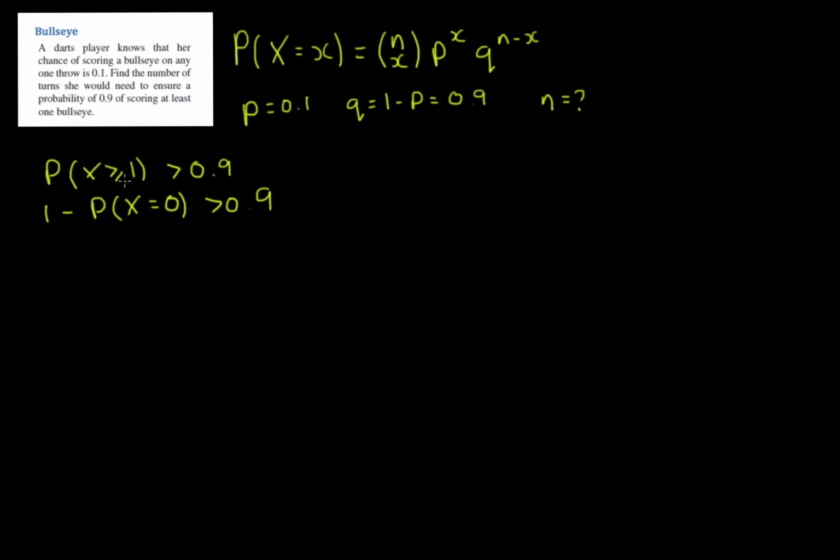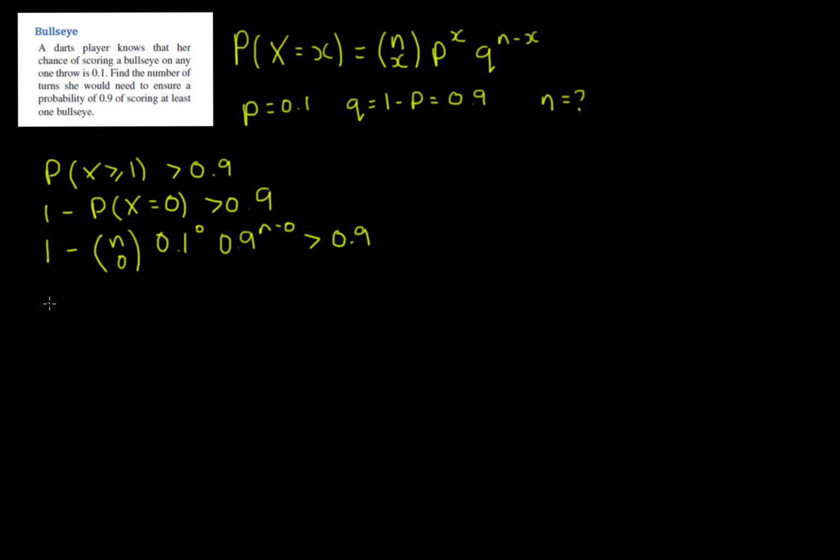So here our left-hand sides are equal. Now we can just substitute in the formula we've got above. So we've got 1 minus N choose 0 multiplied by 0.1 to the power 0 multiplied by 0.9 to the power N minus 0, and that's got to be greater than 0.9.